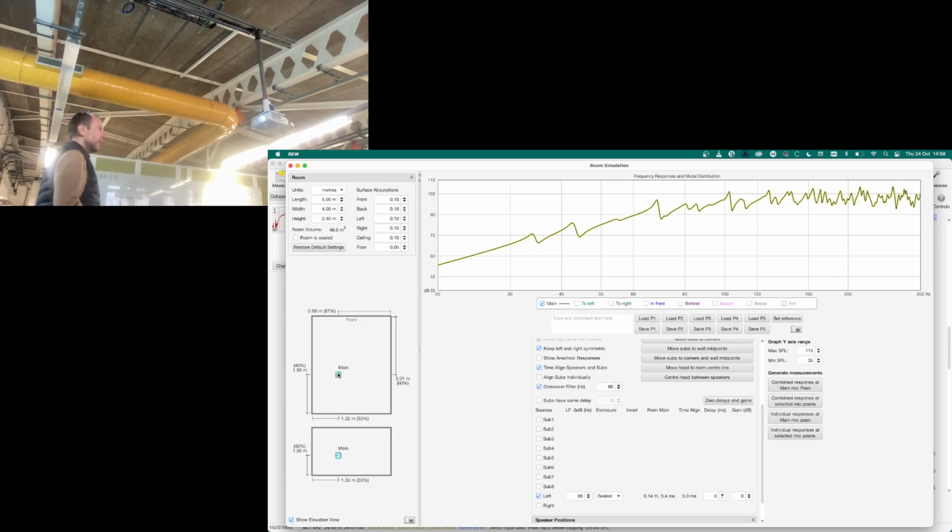Which means that there is a time duration within which I will not receive any reflections. 3.5 meters, how much is that? For 1 meter, I get 1/340 seconds. So let's say 6 times that, which is about 1/60 seconds, right?